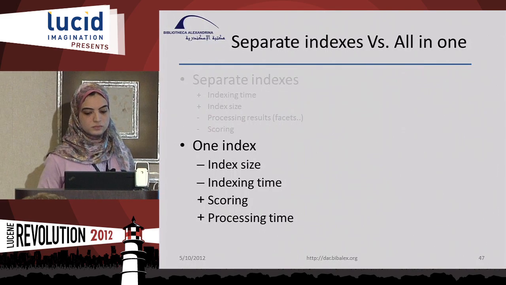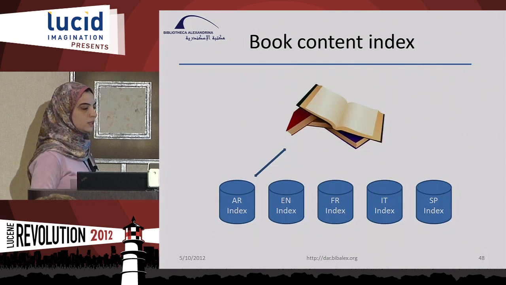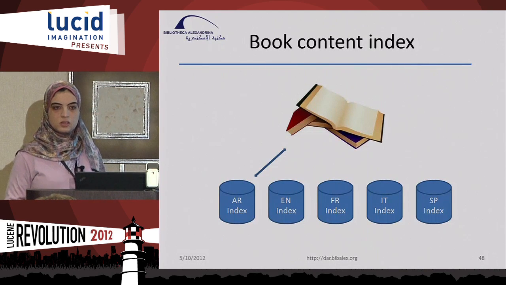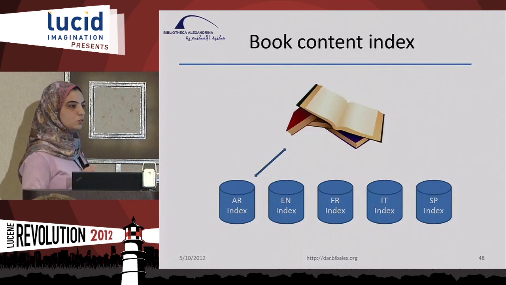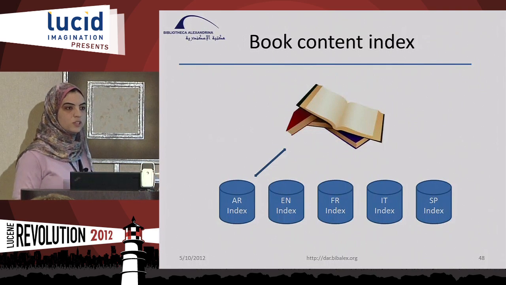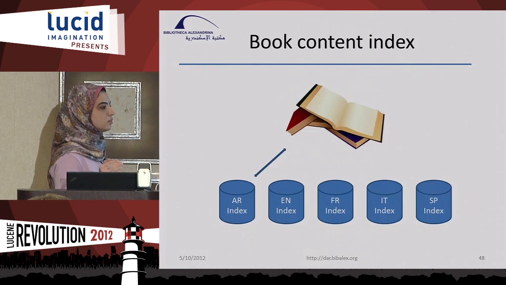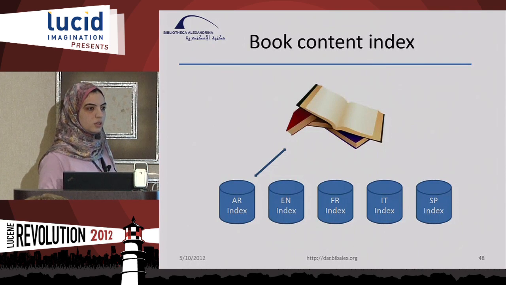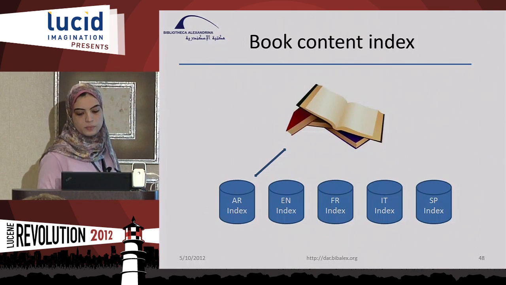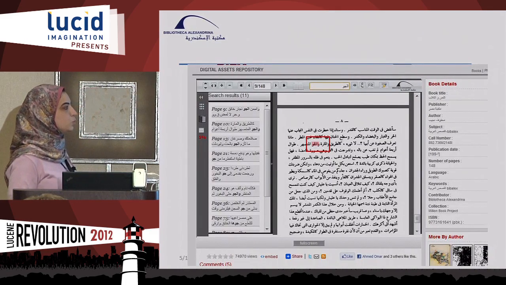Okay? And now, after separating the index into metadata and content index, whenever a user opens a book, I can know the language of the book regardless of his own search, and I can go and search for the search term of the content within the appropriate index for the language. There is an Arabic book.